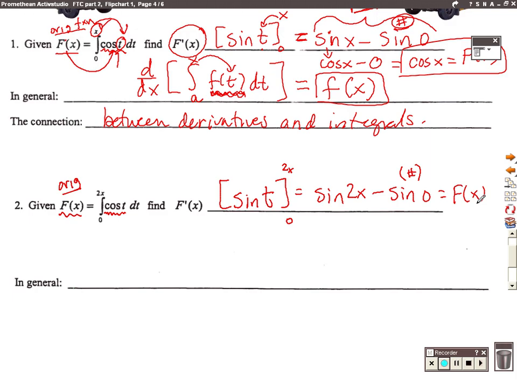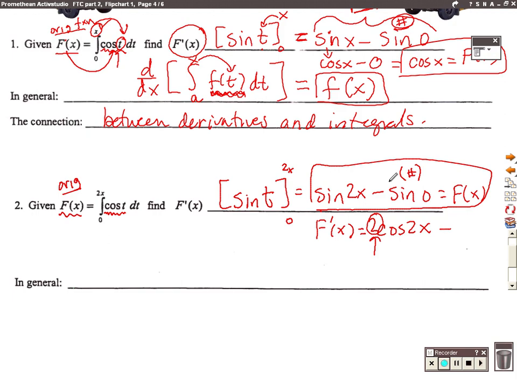So if I find the derivative of this function, since this is big F of x, now this is important, the derivative of sine is cosine of the angle multiplied by the derivative of the angle, the chain rule, minus the derivative of a number that is always going to be 0, so I get 2 cosine of 2x.